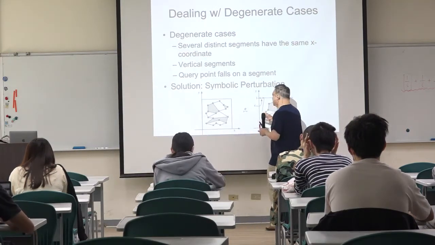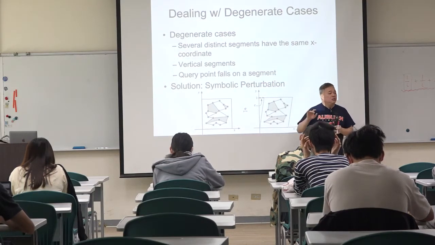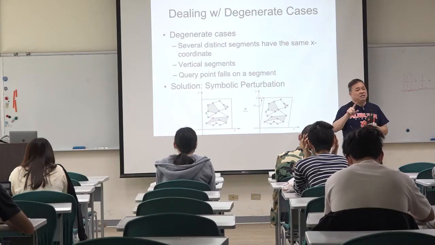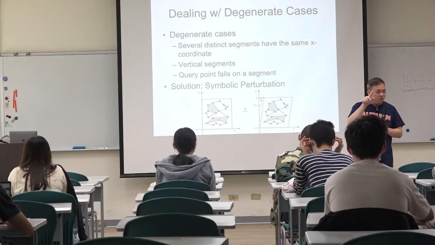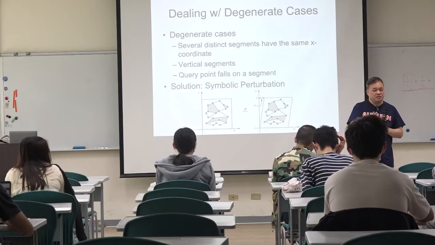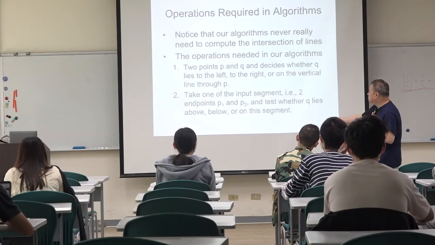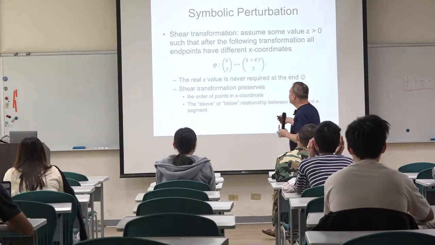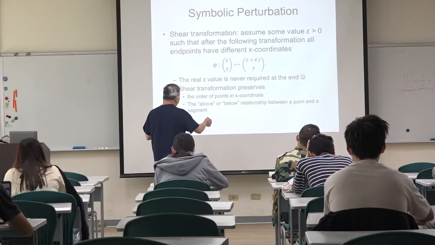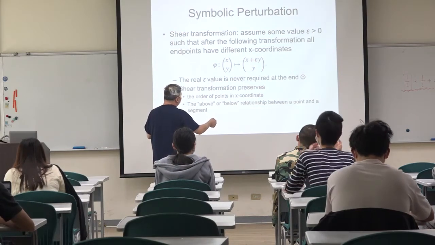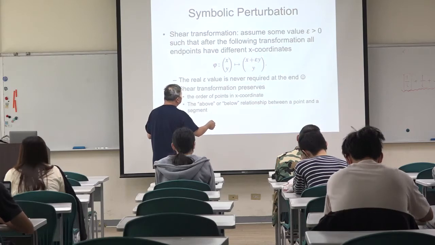This is kind of like a transformation, but we keep in mind we only do this conceptually. We never really do this. Okay, we only do this conceptually. So this is the transformation. For the original point x and y, now it becomes x plus epsilon y, and y.